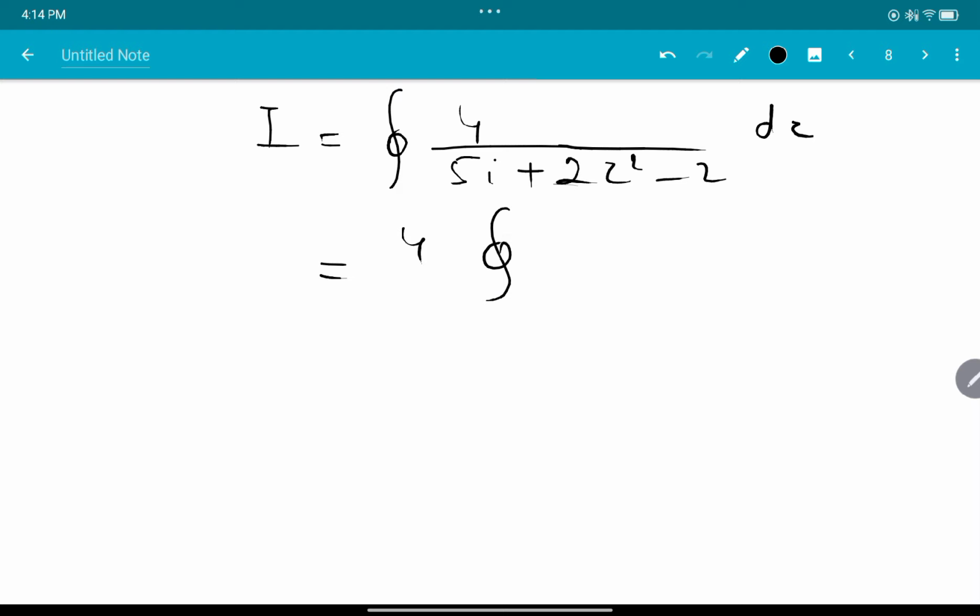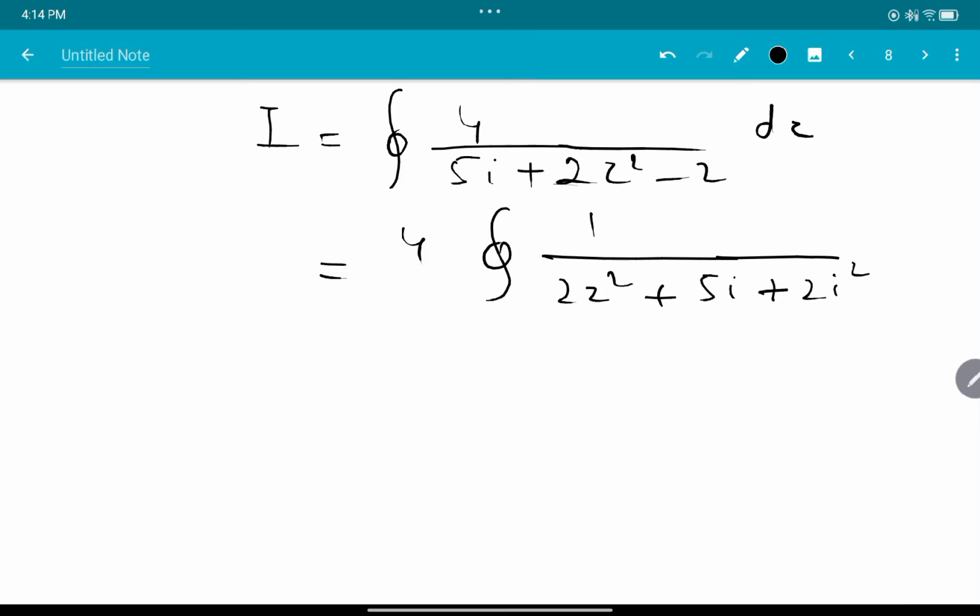This can be written as 2z square plus 5i plus minus 2, and this minus 2 can be written as plus 2i square, because i square is minus 1.